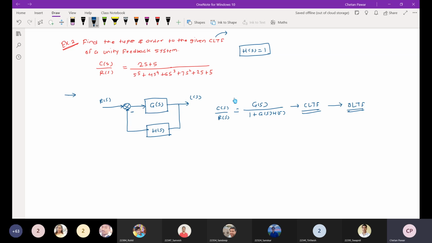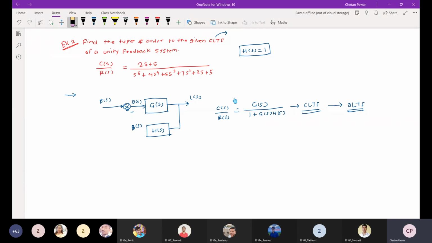So what is the open loop transfer function in this? We have studied this point. Open loop transfer function means, now here I am removing this particular feedback, okay?